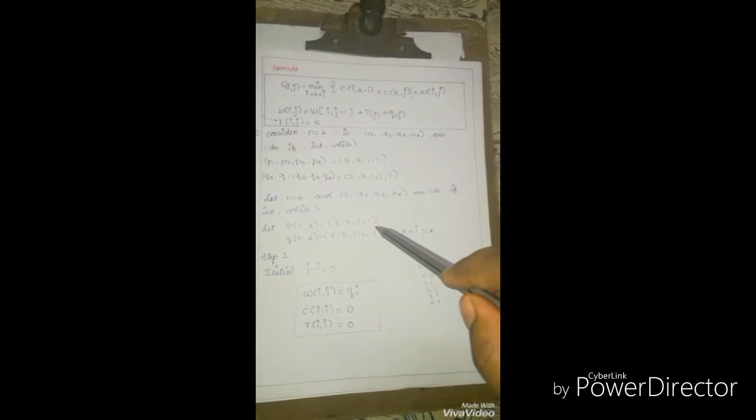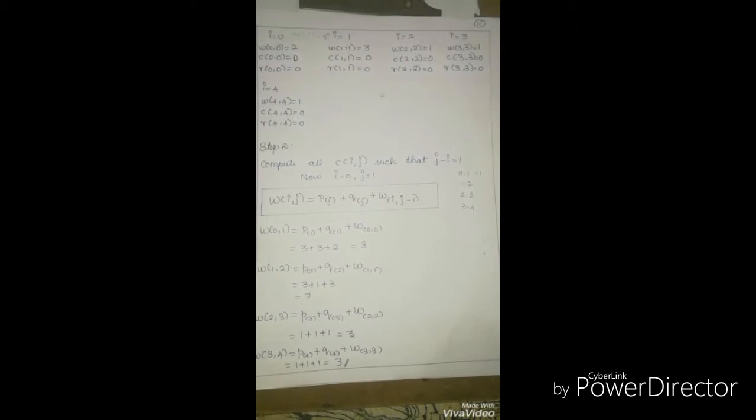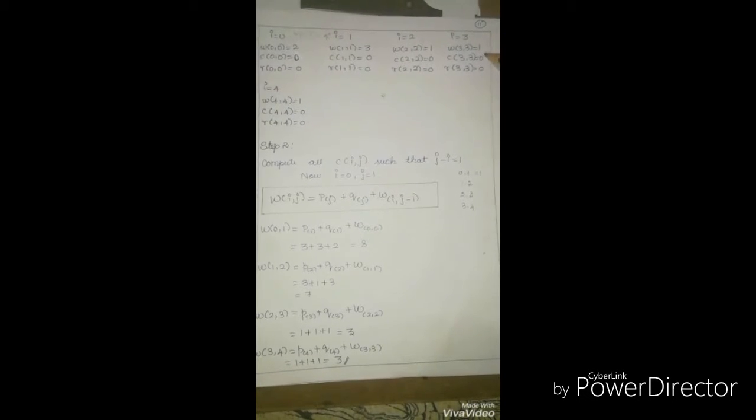This is the first set of combinations, and we have 5 different combinations here. Using the formula W of i, i equals Qi, we find the values for the 5 combinations. Qi represents the probability of the unsuccessful search that is given in the question: Q0, Q1, Q2, Q3 and Q4.